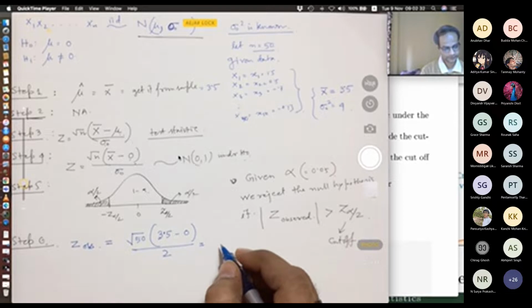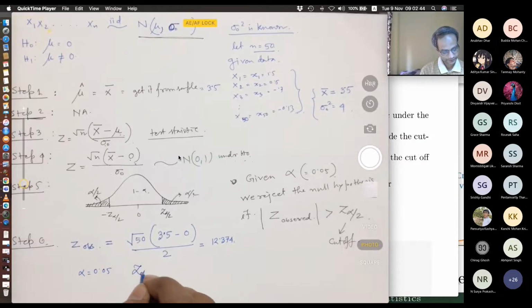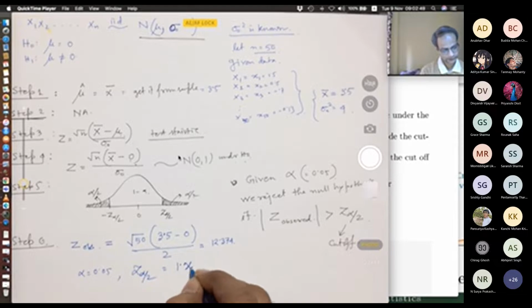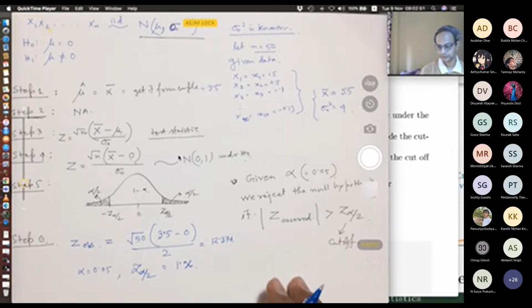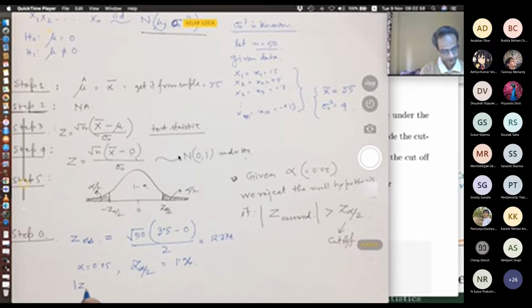So please tell me the value. 12.374. And if alpha equals 0.05, Z alpha by 2, how much? 1.96, right? Okay. So if this is the situation, Z observed absolute value is greater than Z alpha by 2.